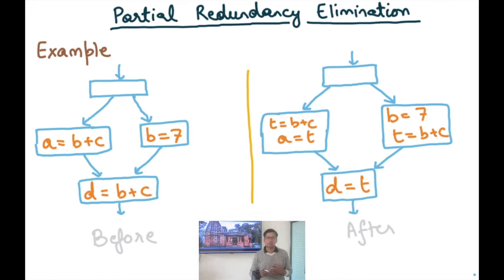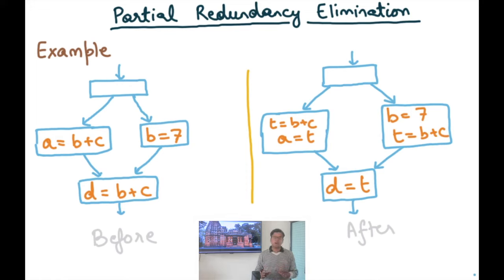Recall that creating these extra copies is not a problem as long as we do copy propagation later on. Hopefully that's going to solve these problems for us. And on the other branch, after I do b equals 7, I recompute b plus c only on this particular branch. And then at the meet point, I just do d equals t.